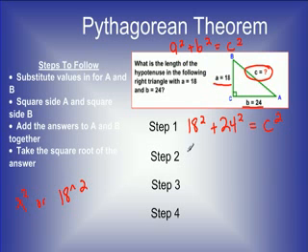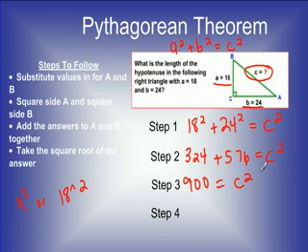If you do that on your calculator, that equals 324 plus 24 squared, which is 576, and that all equals c squared. Step 3 is to add 324 and 576, and that equals 900, equals c squared.